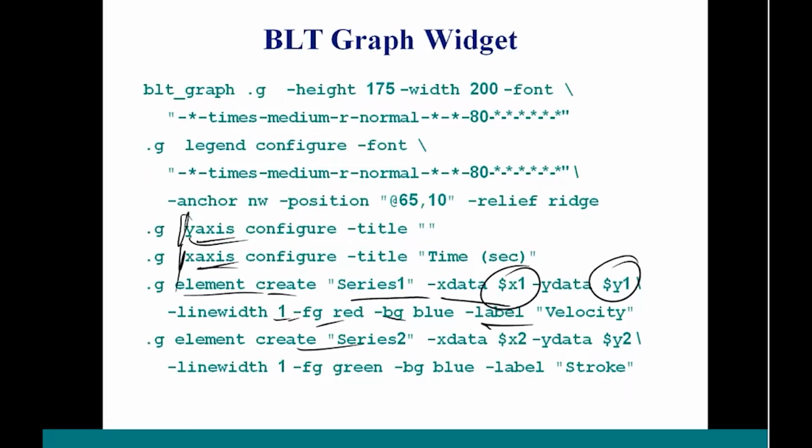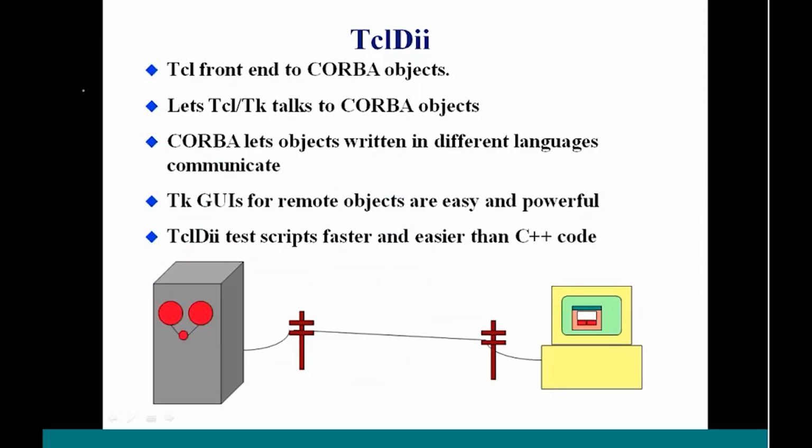Now let's look at one more thing, which is TclDii. Essentially, this is usually the front end to CORBA projects. It lets Tcl/Tk talk directly to the CORBA object. CORBA lets objects written in different languages communicate essentially.